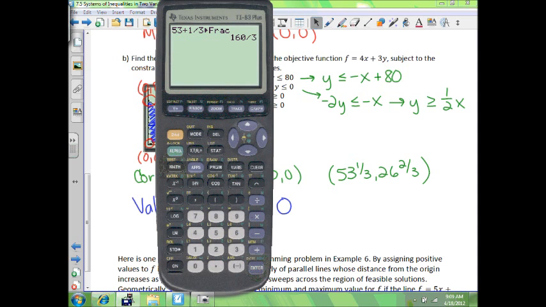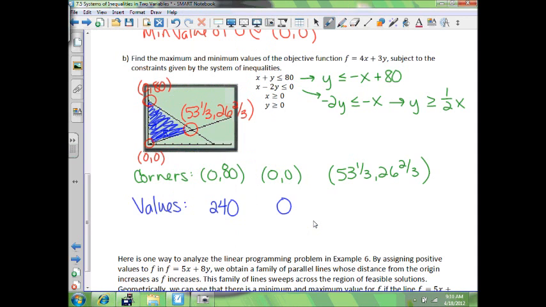So 160 over 3 and 26 2/3. Let's make that an improper fraction. So take 160 over 3 times 4 and 3 times 80 over 3. Add those together, you get an answer of 880 over 3. We change it to a decimal, you get 293 and a third.